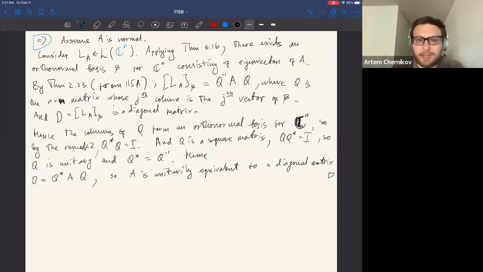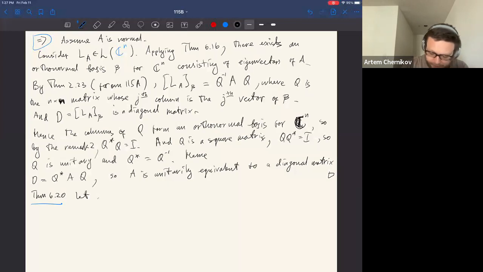We have an analogous result for orthogonal equivalence in the situation of matrices over the real numbers. This is theorem 620, the analog of the theorem we just proved for matrices over the real numbers.